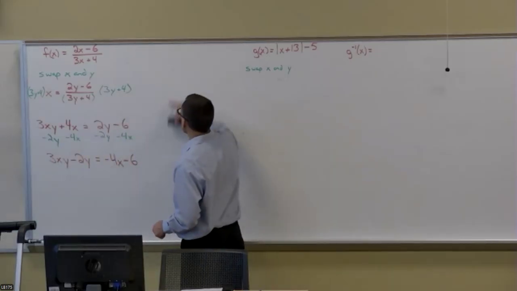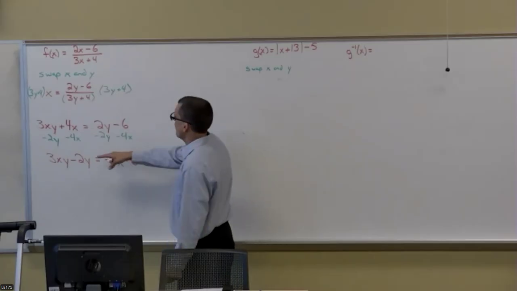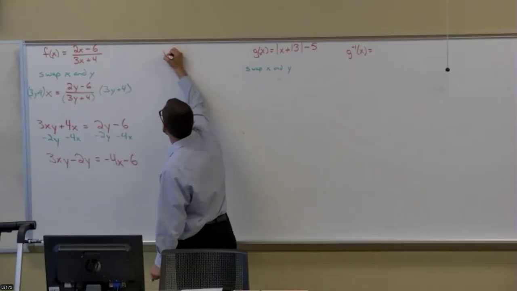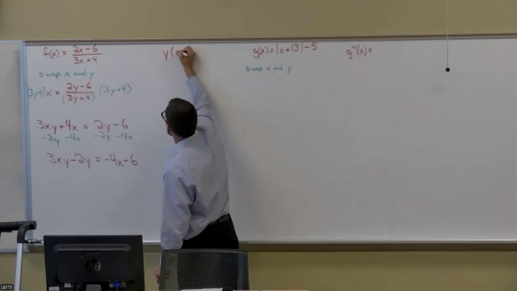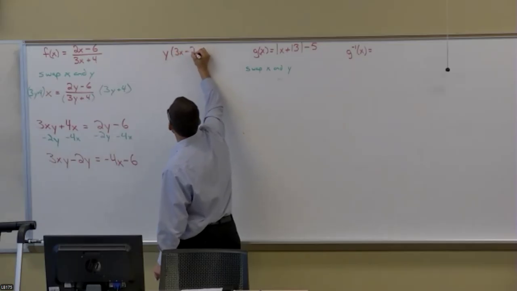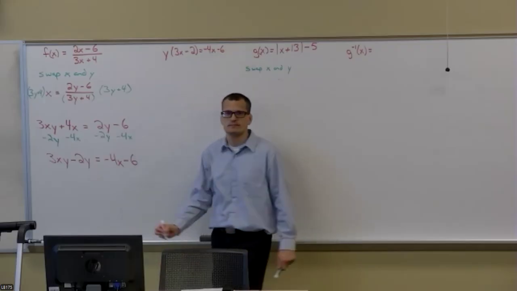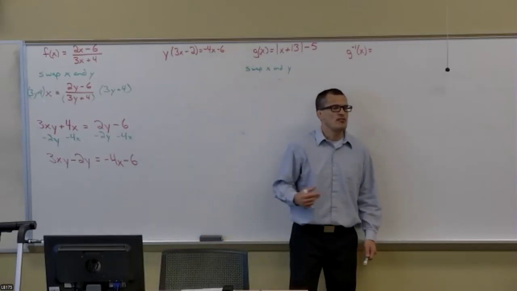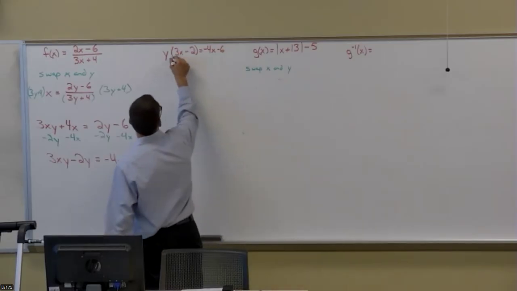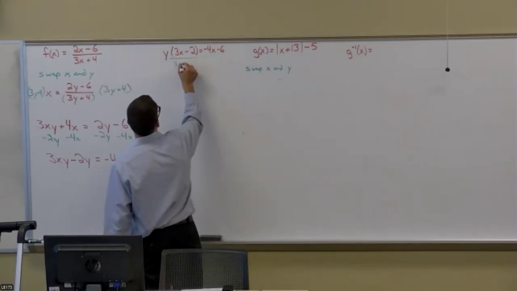And then, on that left-hand side, we'll factor out a y. And then what we can do is divide both sides by 3x minus 2.